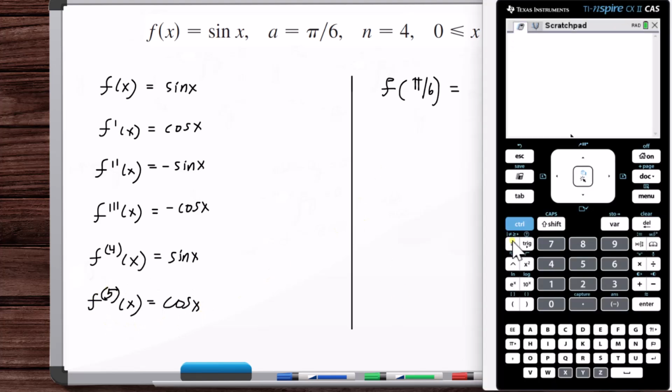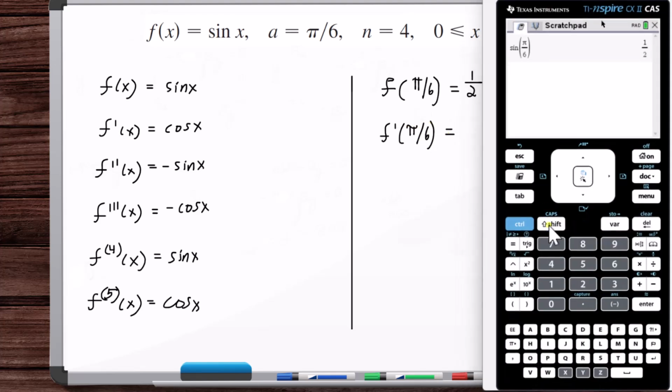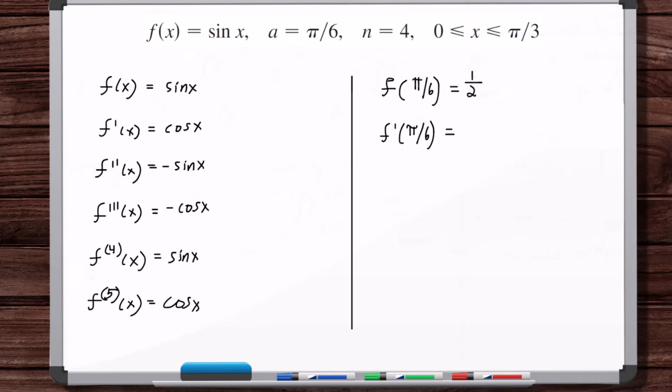So, okay, we're in radian mode, sine of pi over 6 is 1/2. Cosine of pi over 6 is root 3 over 2.